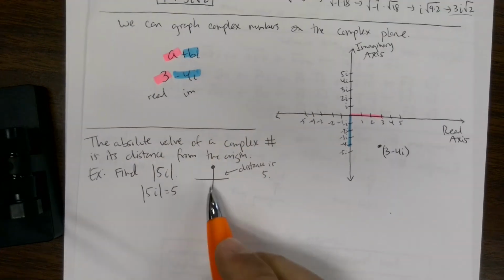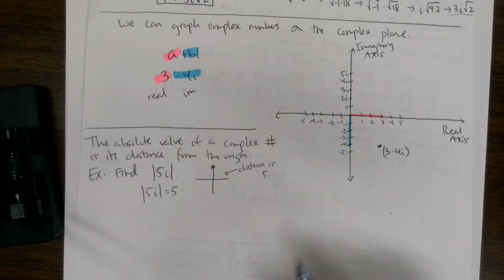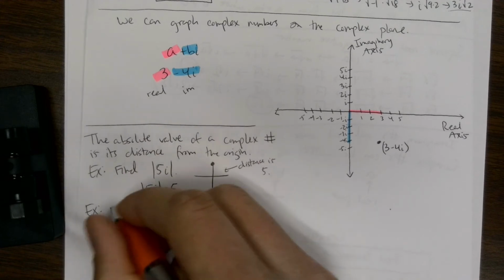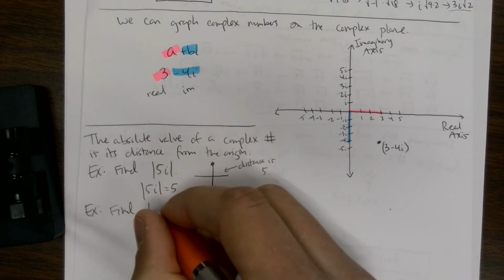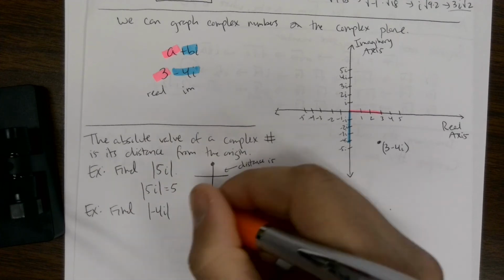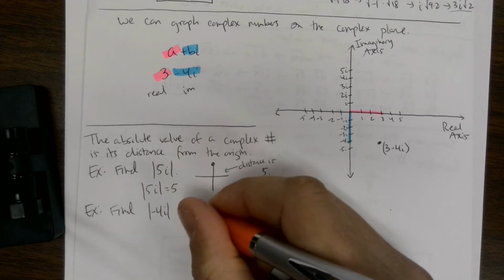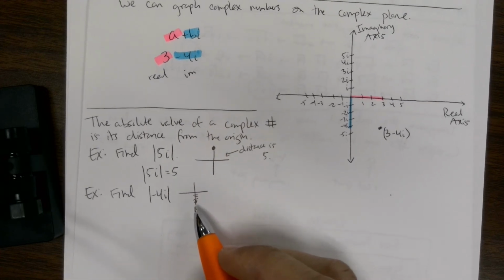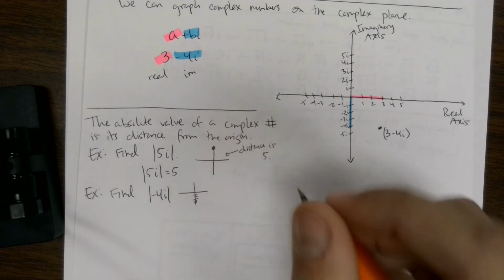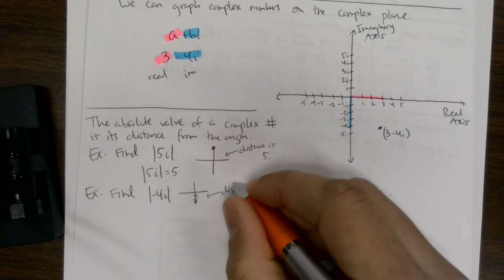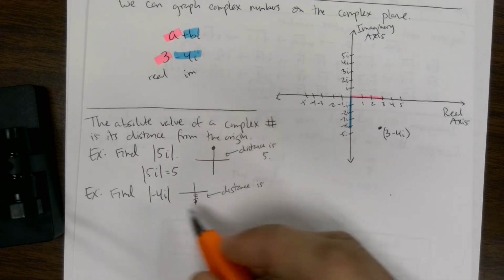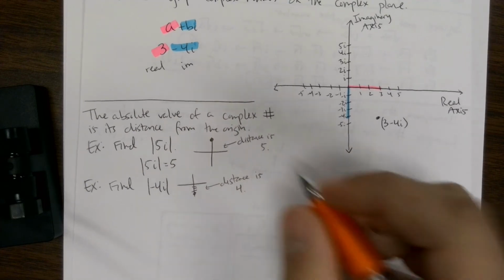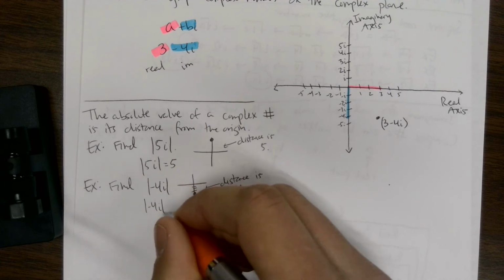It's 5 units away from the origin. Another example: find the absolute value of negative 4i. On the plane, it's gone down 4 units. Remember, distance is always an absolute value, so it's always a positive number. The distance is 4. So the absolute value of negative 4i is equal to 4.